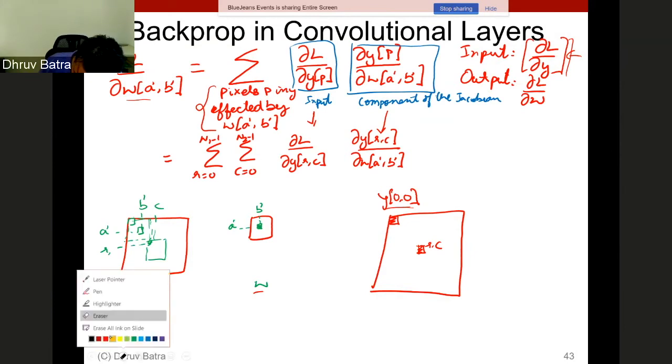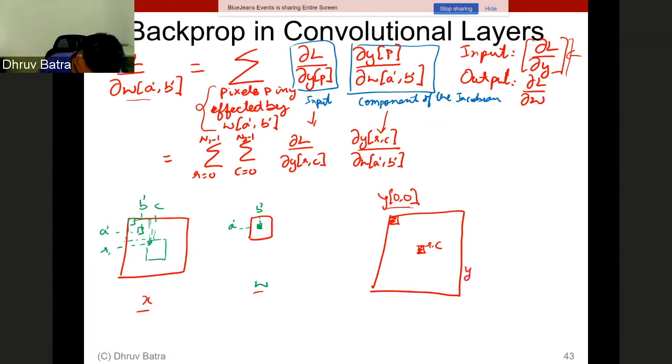This object is y. Let me remind us of this expression that y r comma c is equal to the sum over a equals 0 to k1 minus 1, b equals 0 to k2 minus 1. And notice these a and b are different from the a prime and b prime. This is why we needed the prime notations of x, r plus a, c plus b, w, a, b.